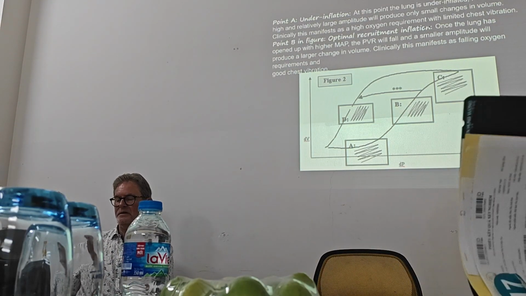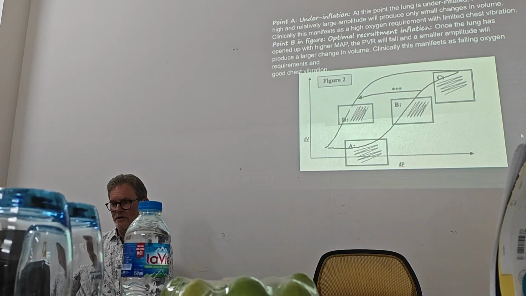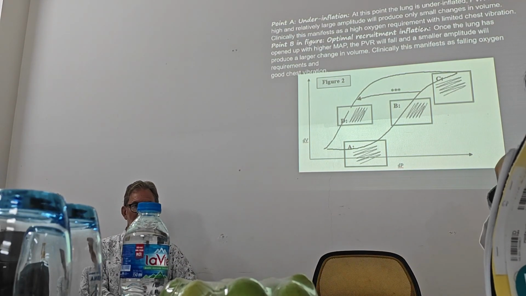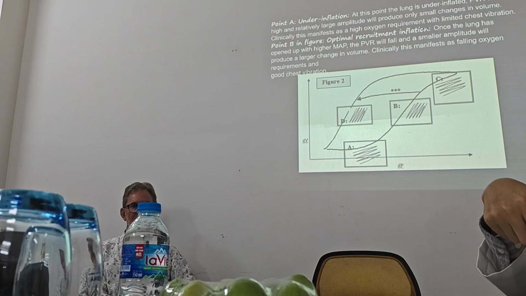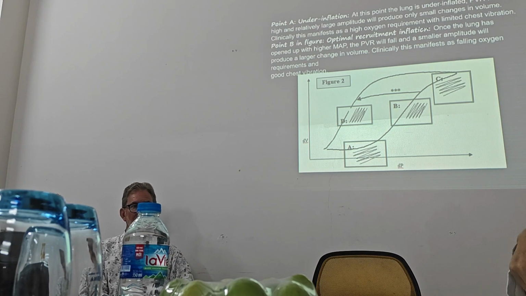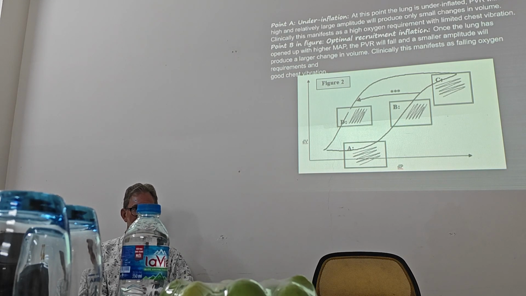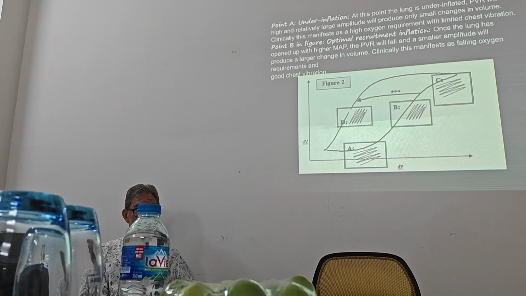So this figure here is a really good figure to use to talk about recruitment of very premature babies. Now, the ideal way to do a recruitment manoeuvre is to use high frequency ventilation.